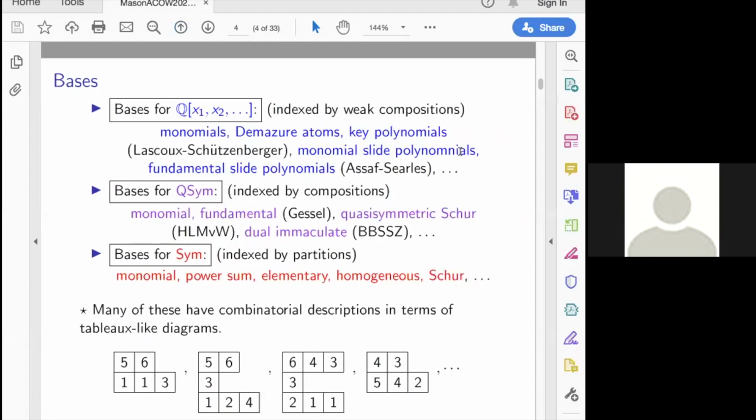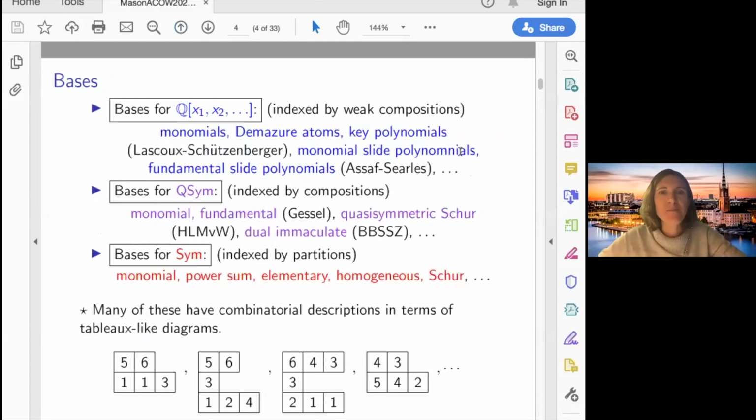Okay, good. So now bases for the polynomial ring, as we said, are indexed by weak compositions, and again, I'm using blue for these. So we have some of our classical bases: monomials, Demazure atoms, key polynomials, and then as we mentioned, there are some recently introduced bases by Assaf and Searles, such as the monomial slide polynomials, fundamental slide polynomials, and so on.